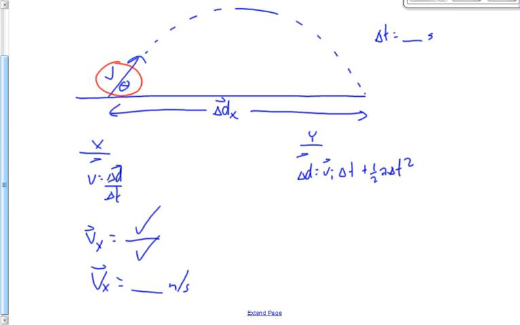Now you're going to go over to the y component, delta D. We're going to make an assumption here that isn't quite true, but it's going to work for us. Pretty close. We're going to assume that the ball lands at the same level as it was thrown from. The reality is when you throw it, you're throwing it from about 1.5 meters in the air, right? And it lands 1.5 meters below where it started.